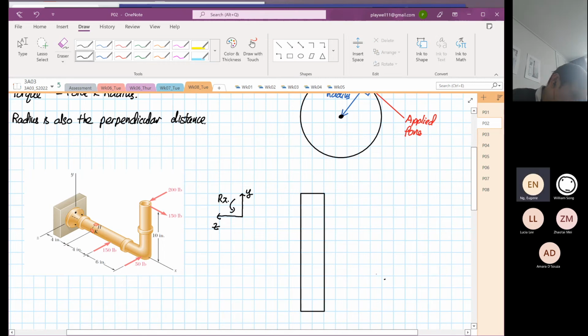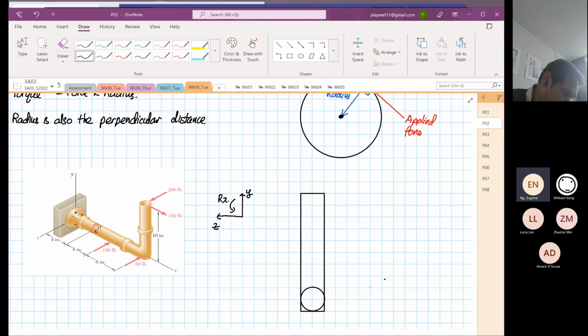And then this is our shaft. It should be a chain line, but I don't have chain line. I just draw a solid line.